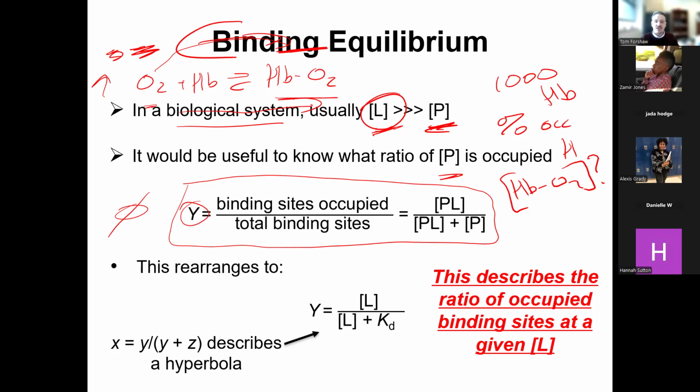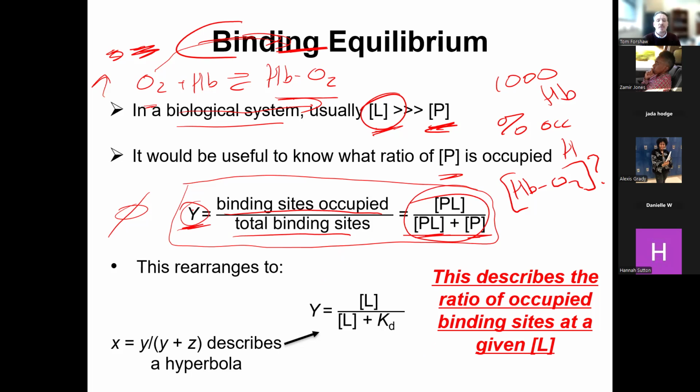So the percentage is how much out of total. The total is how many occupied seats plus how many empty seats. And then occupied divided by total is going to be percentage occupied. That's just what it is, and that's what Y is. Y is the occupied binding sites divided by occupied binding sites plus unoccupied binding sites.